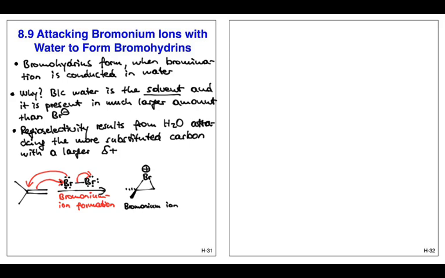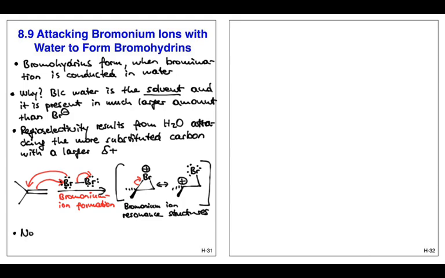Now the key thing is there's an important resonance structure for this bromonium ion, where we break one of the carbon-bromine bonds and draw a tertiary carbocation in this case on that carbon atom, and make the bromine neutral. You see that? Those are resonance structures.